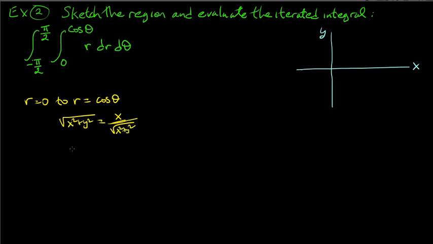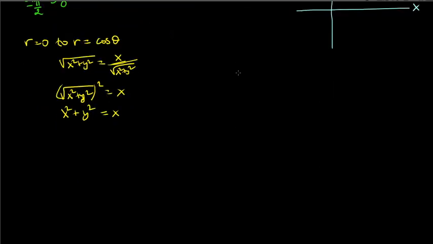When you cross multiply, you get x times the square root of x squared plus y squared equals x, and so x squared plus y squared equals x. Well, if that doesn't look familiar, why don't we subtract the x from both sides? Now that equals 0, so we get x squared minus x plus y squared equals 0.